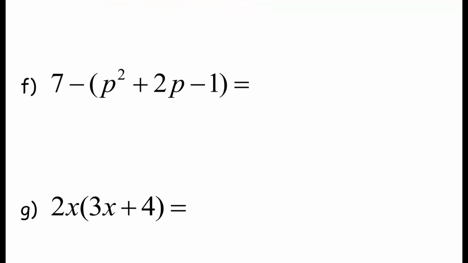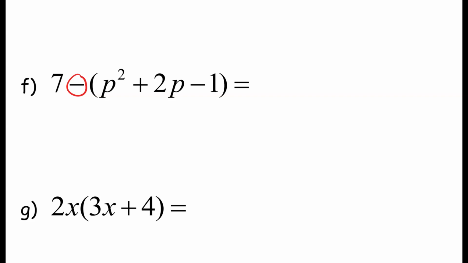F, well, let's take a look at this question here. What type of question do we have? If we have a break in between, so the 7 isn't right up next to the bracket, it has an addition or a subtraction in between that, we no longer have a multiplication question. What we have here is a subtraction question.